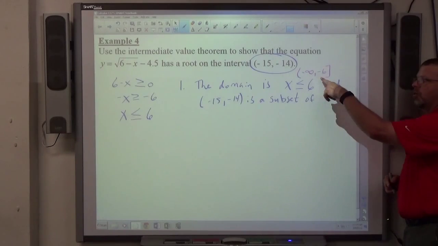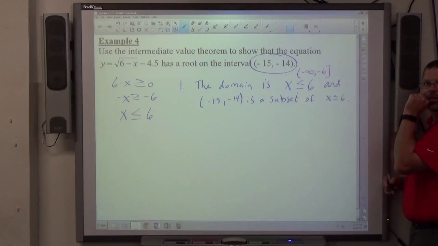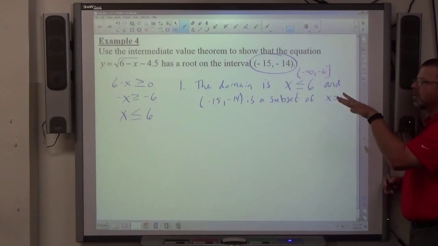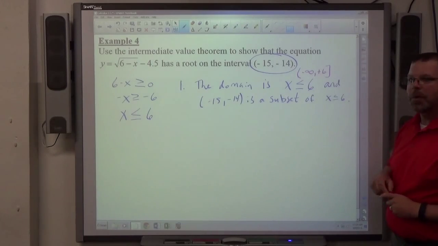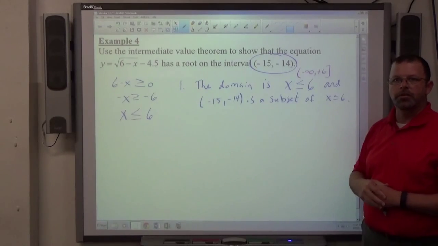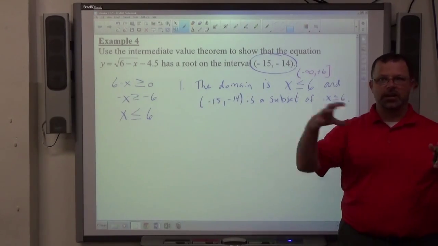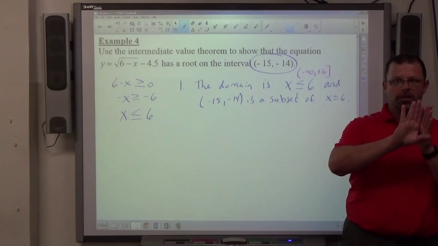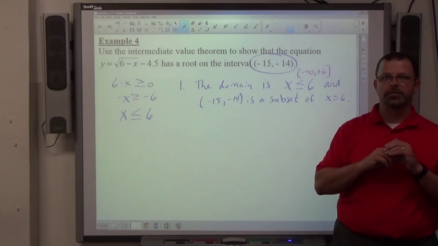You can establish a domain in interval notation or inequality notation. I'll take either one. But the domain is all the numbers between negative infinity and positive 6, and this is a subset of that, or the inequality version. All subset means is that it contains it. It's contained inside of it. So negative 15 to negative 14 is all within less than or equal to 6.